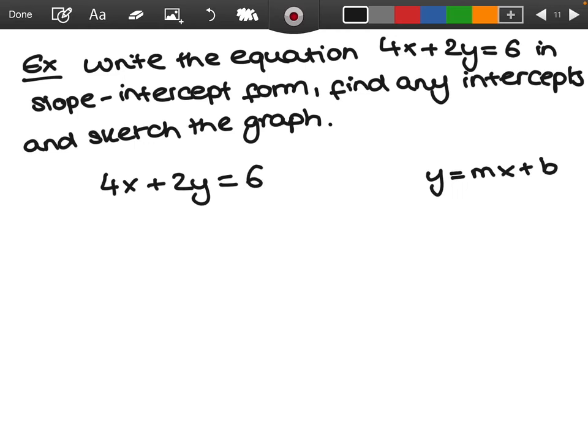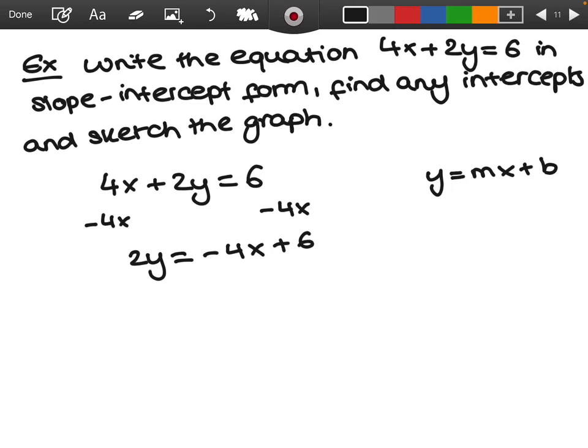So I'm going to subtract 4x from both sides. That will leave me with 2y on my left-hand side, and negative 4x plus 6 on my right-hand side. You can do it as 6 minus 4x, but remember we want it in the form y is equal to mx plus b, so I really want my x term at the front.